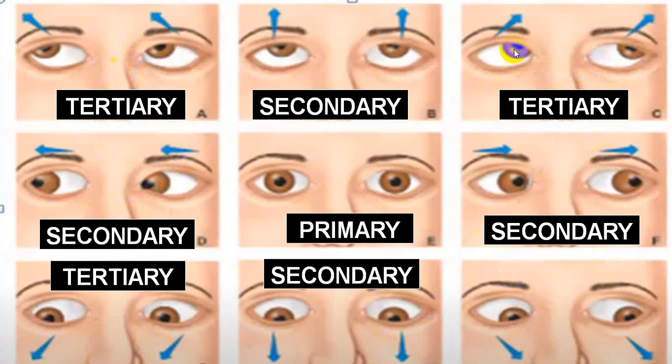This is upward and to the right, upward and to the left, downward and to the right, downward and to the left. This will be pure upward, pure downward, to the right, to the left. And this will be the normal position.